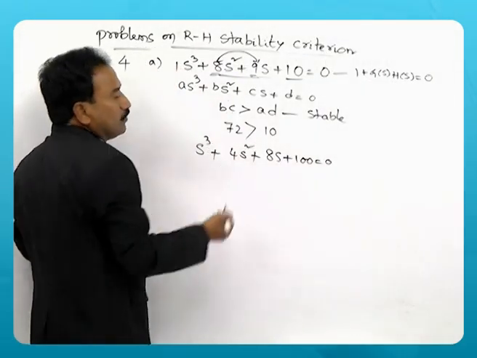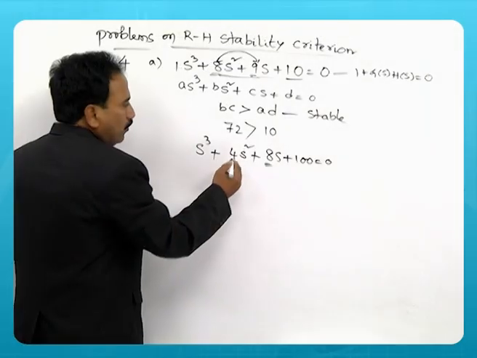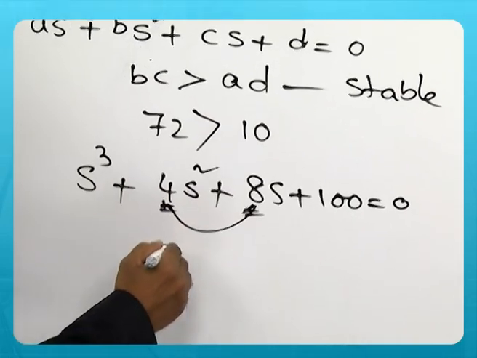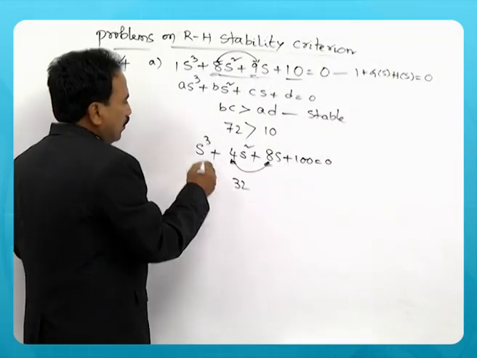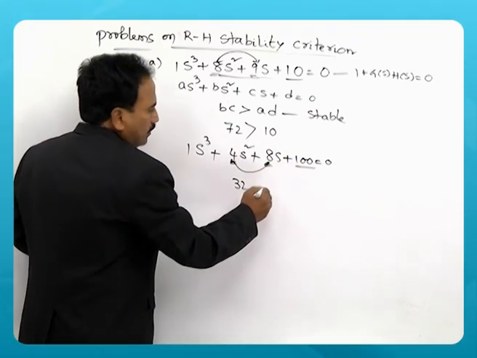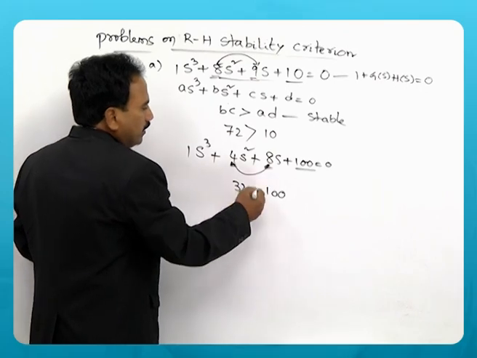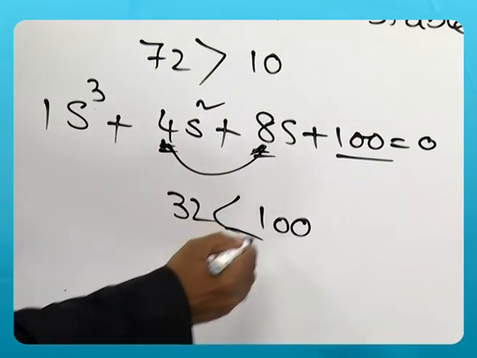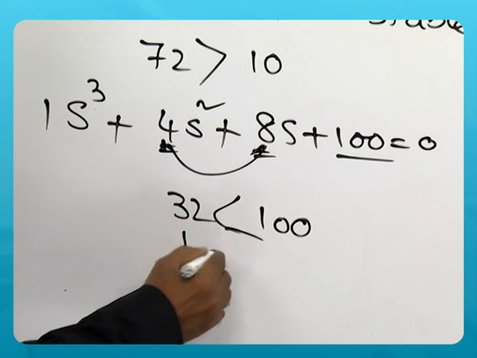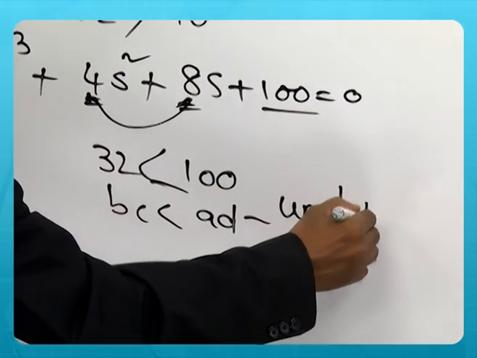Now I have changed the coefficient slightly, that b and c product 4 into 8 is 32, and the product of a here is 1 and d is 100. So product of ad is 100. So 32 is not greater than, but 32 is less than 100. So that means bc is less than ad. So this is an unstable system.